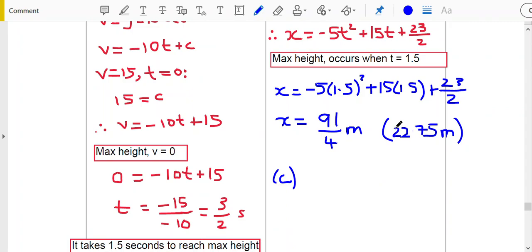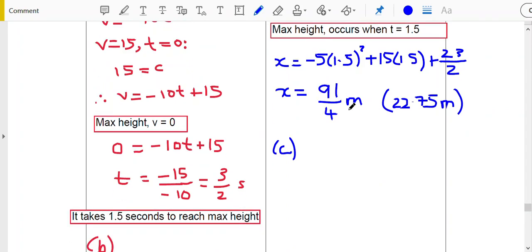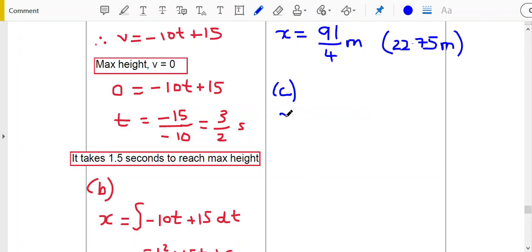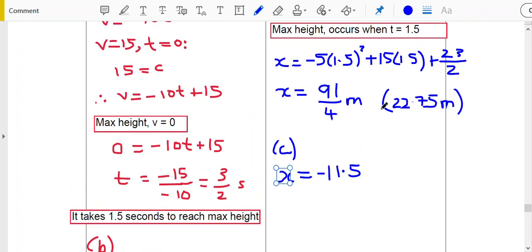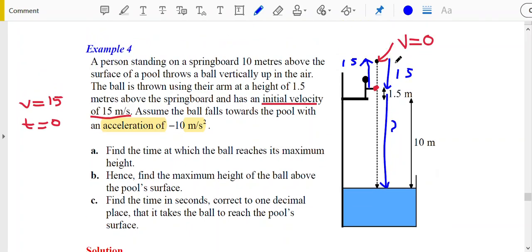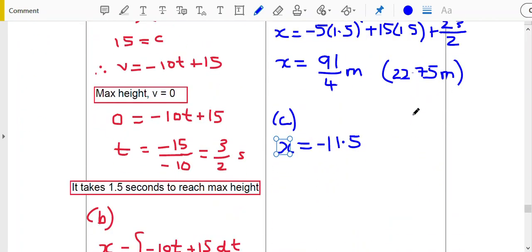So, for part C, we've got our displacement function. I want to know when x equals negative 11.5 meters. Okay, and that'll give us the time. That will give us this time, and then we can add the 3 seconds on to the answer.